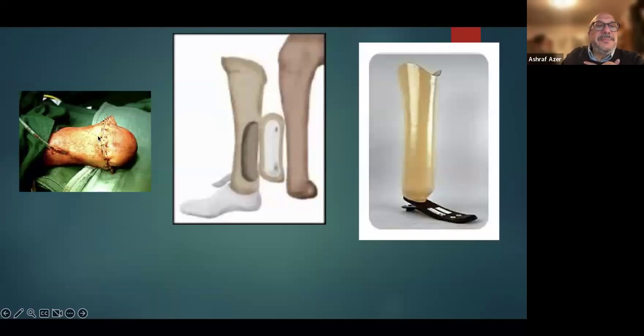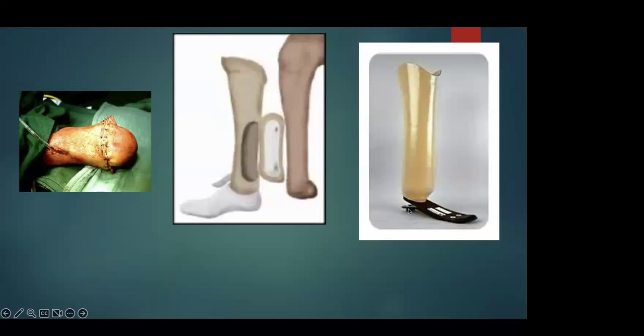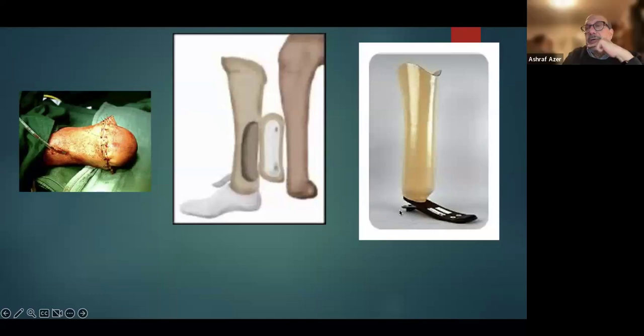This is the ideal one, but what is the main problem here? Dog ear. Why? Because the skin was not refashioned. The downside is there is very minimal area for us to fit a prosthetic or a decent modern foot and ankle.